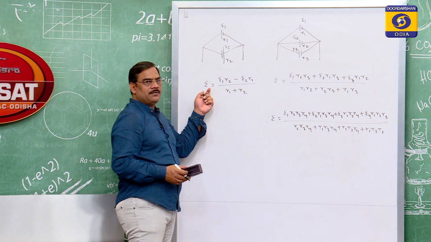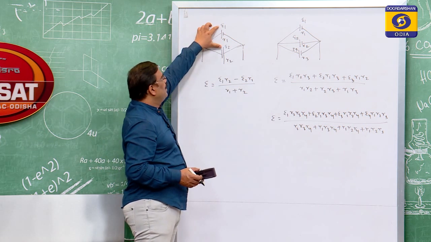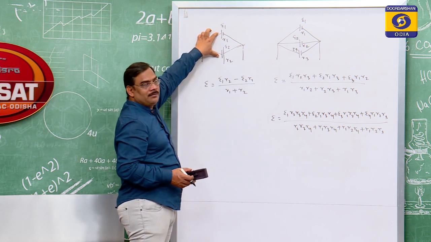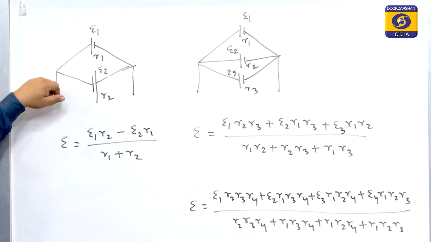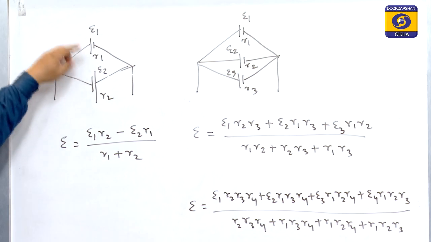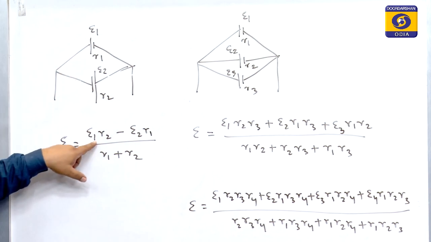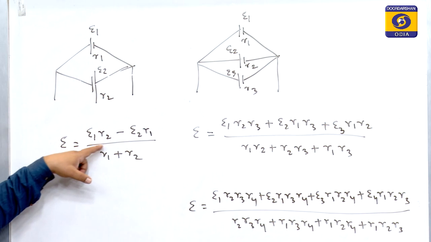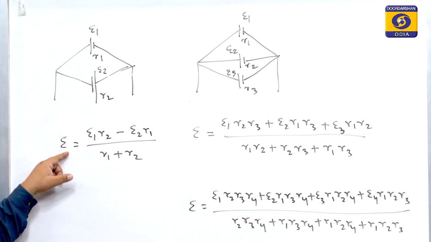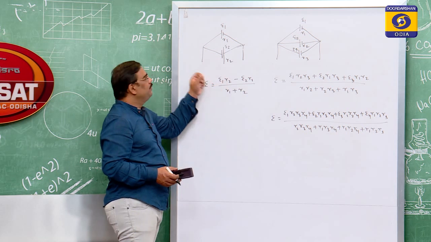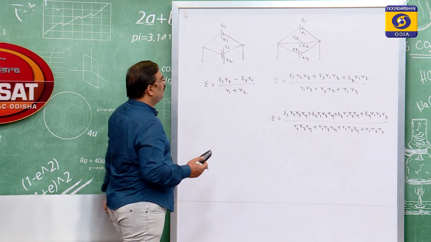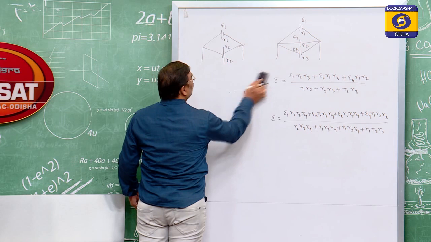So, you have to remember this formula: if the cells are oppositely connected, meaning the positive terminal of one is connected to the negative terminal of the other, but they are in parallel combination, then the effective EMF will be E1 R2 minus E2 R1 divided by R1 plus R2. So, therefore, we can solve some more problems of parallel grouping.